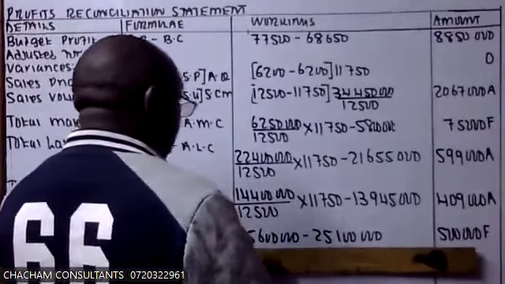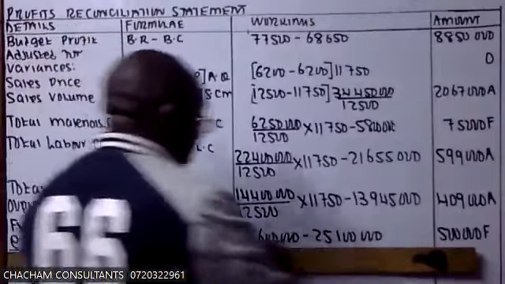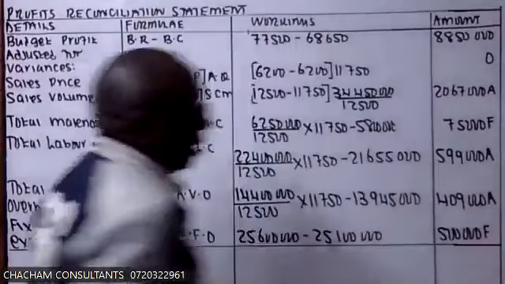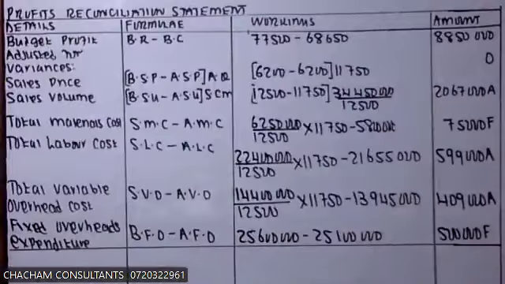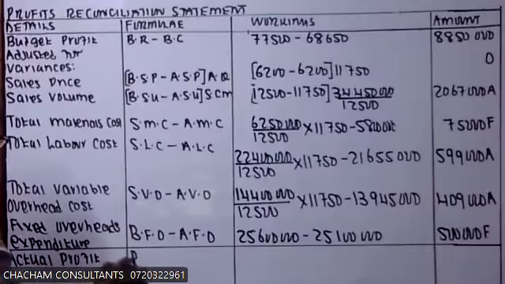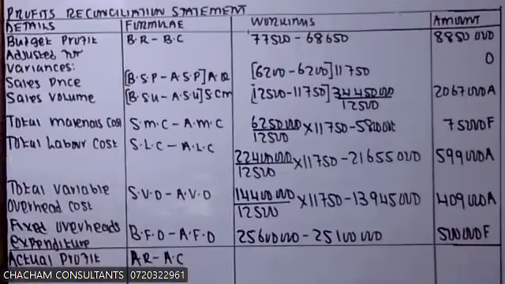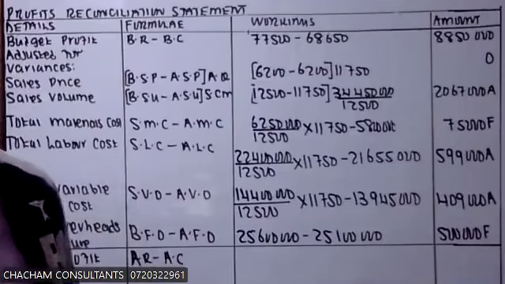So when you get here, you say this is actual profit. Actual profit will be actual revenue minus actual cost.